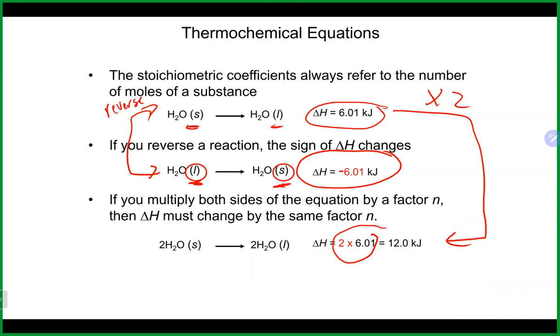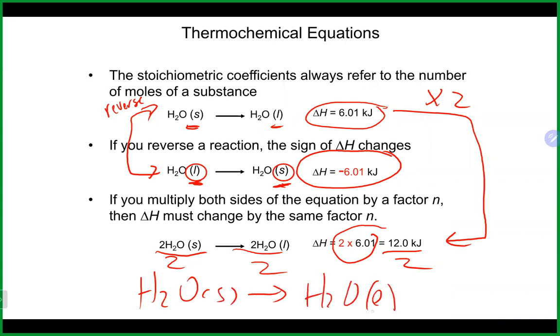And obviously, if we needed to divide everything here by a common number, we would divide the delta H, and that would give us water in the solid to water in the liquid. And when we divide that, delta H would be 6.0 kilojoules.